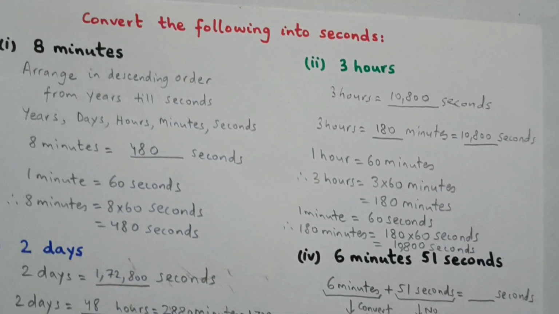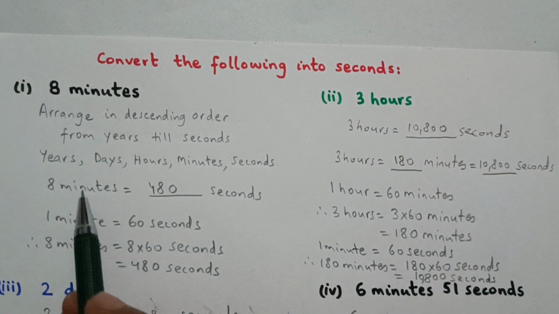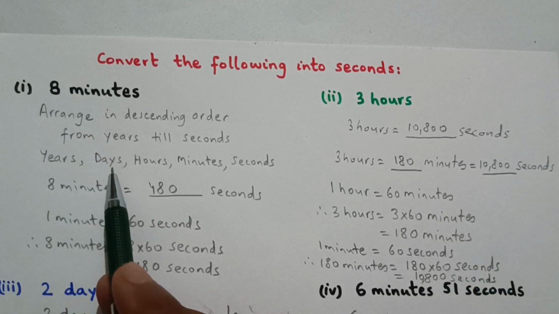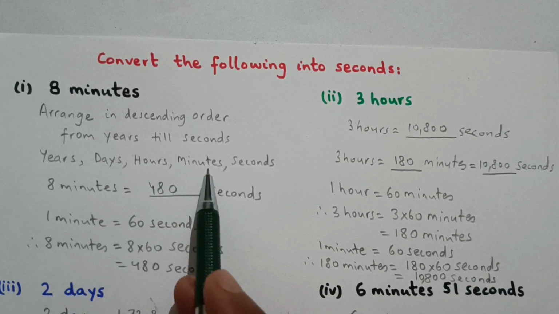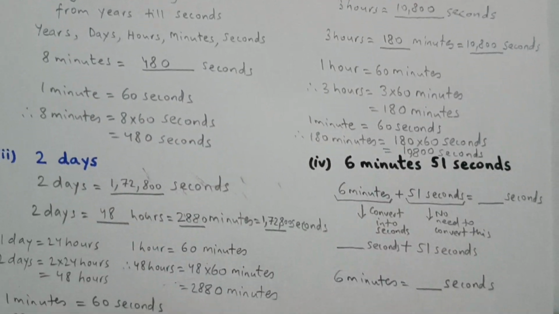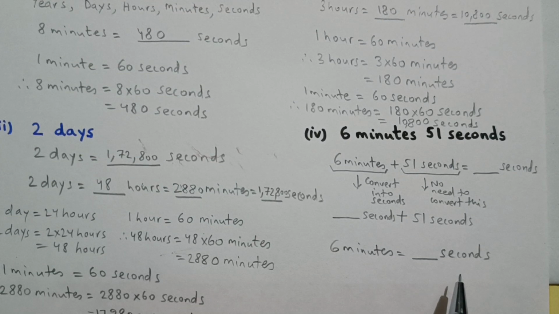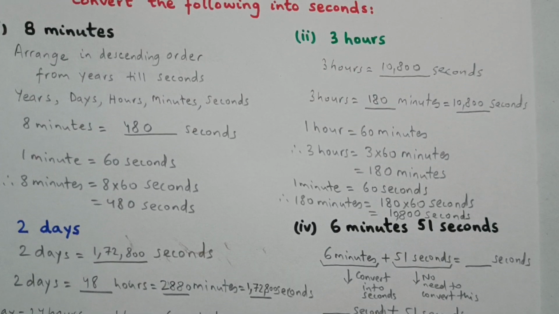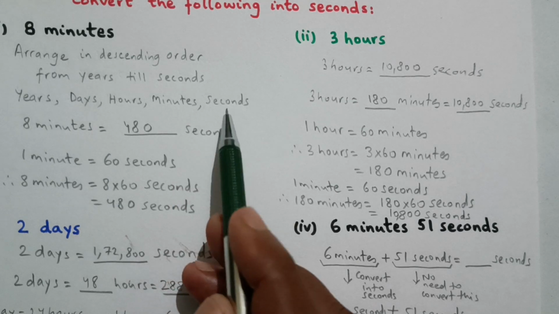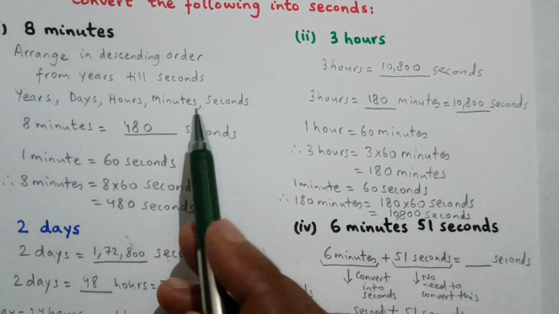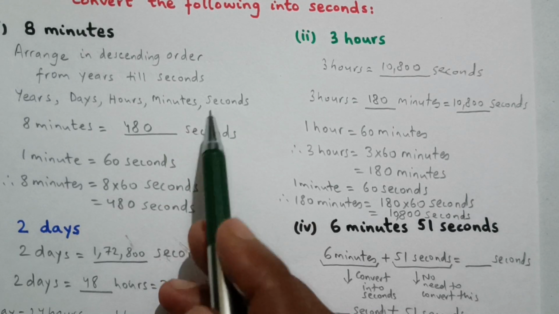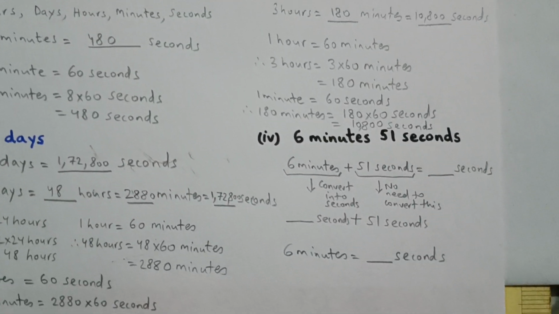So let us look at the descending order: years, then days, then hours, then minutes, and then seconds. We have to convert from minutes to seconds. It is one step of conversion.